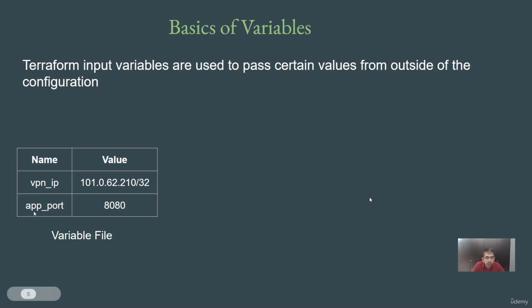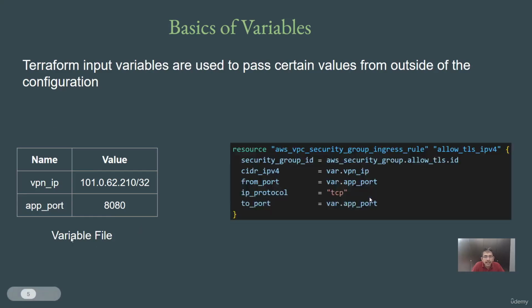You also have one more variable with the name app_port and the value is 8080. So this is a different file altogether, and in the Terraform code that you write, you do not hard code the values here. You create a logic in which the value associated with these arguments can be fetched from this central location, which you can also refer to as a variable file.